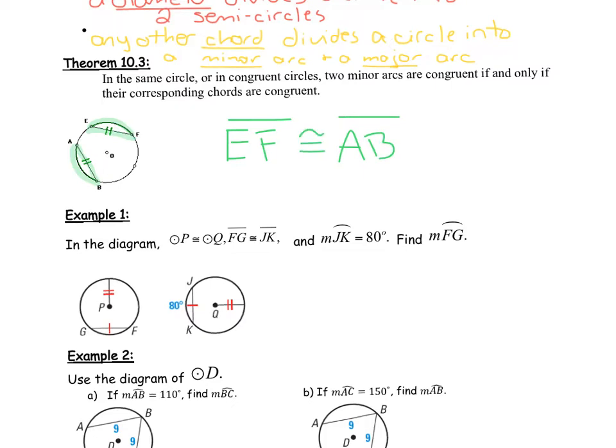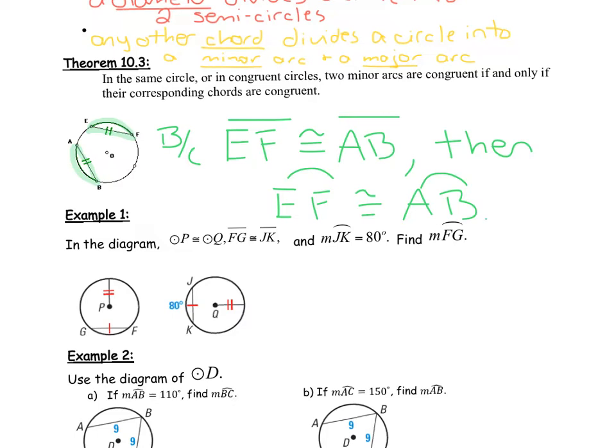So because segment EF is congruent to segment AB, then we can say that arc EF is congruent to arc AB. If the chords are congruent, the arcs formed by them are also going to be congruent.